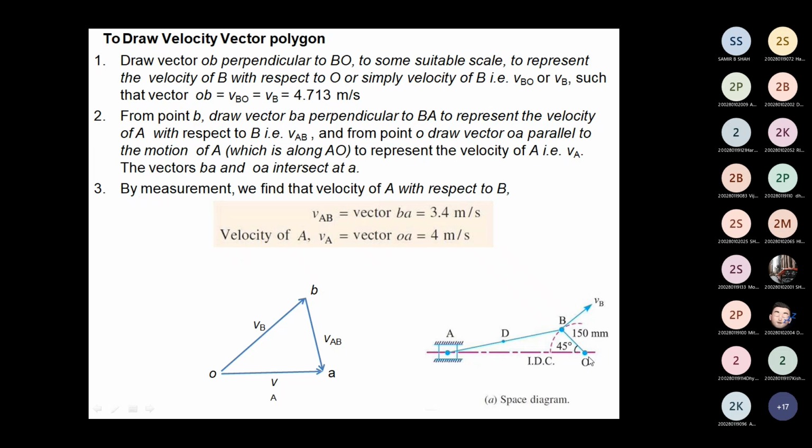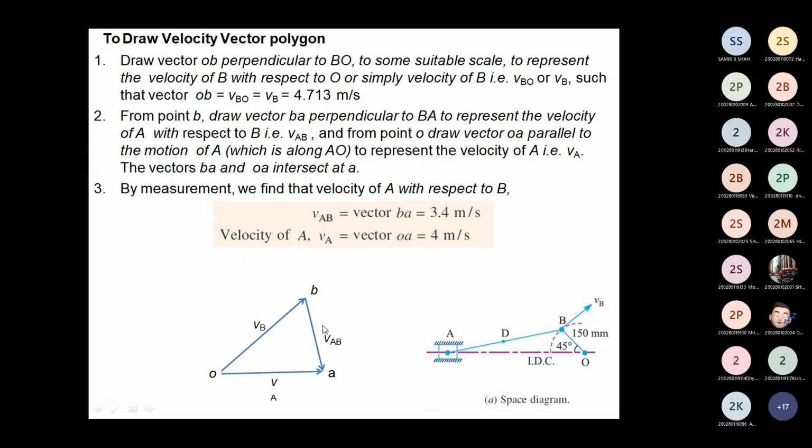We know very well that OA is the imaginary line, so from O we draw a line parallel to OA. This BA is perpendicular to AB, so OA and BA intersect at one point, which is considered as a.